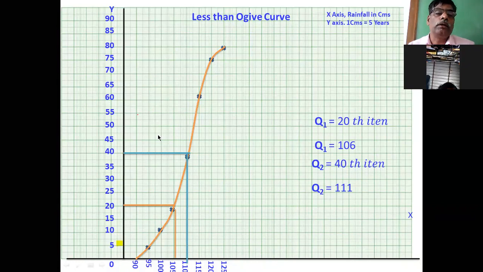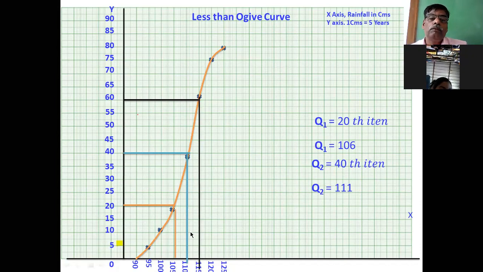And next is Q3. For the 60th item, you draw a line to this curve. From this point to the x-axis, you draw a perpendicular line. Okay, this perpendicular line touches at 115 nearly. So Q3 is equal to the 60th item, which is 114.5. I'll take 114.5 nearly.